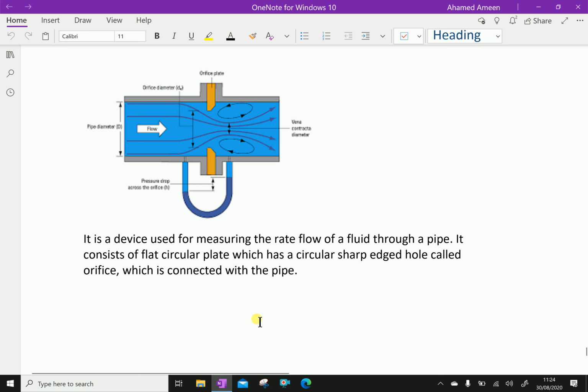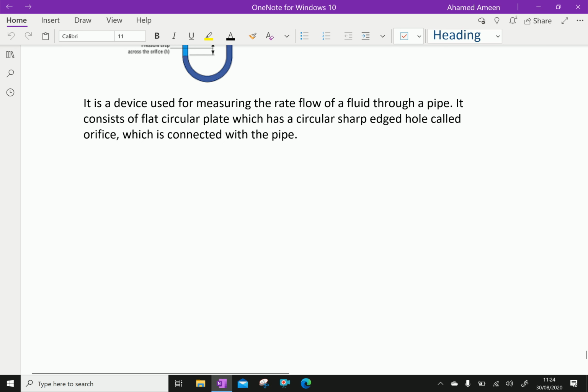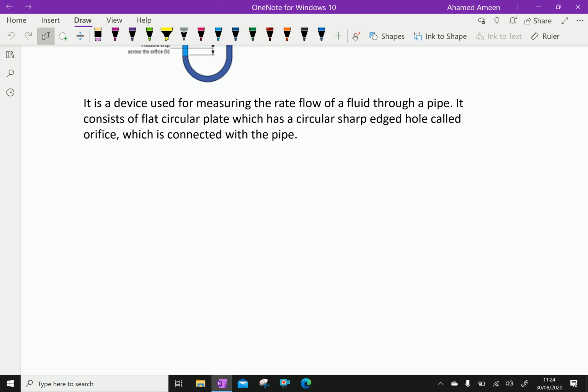Now we'll discuss further. Let P1 be the pressure at section 1.